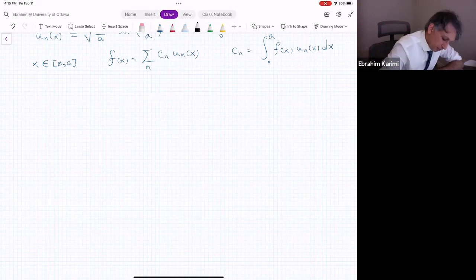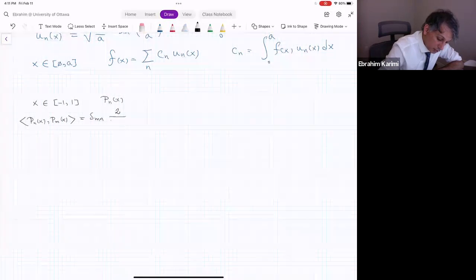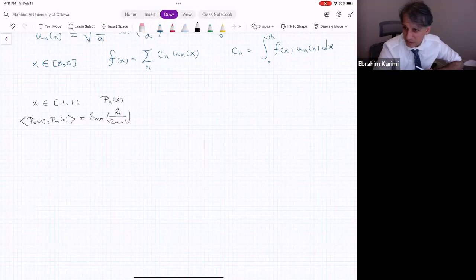Look at the Legendre polynomials, okay? We say that if x is between -1 and 1, then there is a set of P n of x, where the integral of P n of x and P m of x will be delta of m and n times, I think that was, 2 divided by 2n plus 1. I think it was something like that.